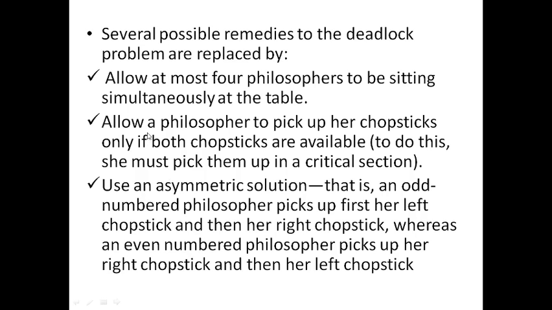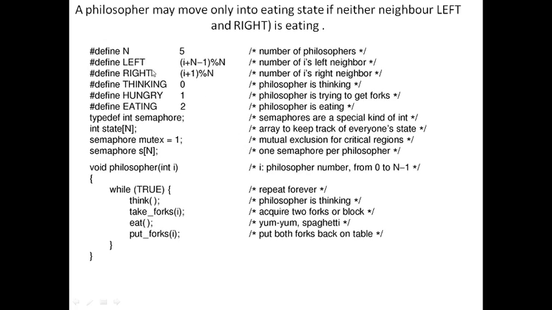Now we are going to implement an algorithm based on the second suggestion. So that is what I am going to show now. The solution is given here. Before going into the algorithm, we have some declarations. Define N as 5, which means the number of philosophers is declared as 5, and the calculation of the left fork is done in this way.